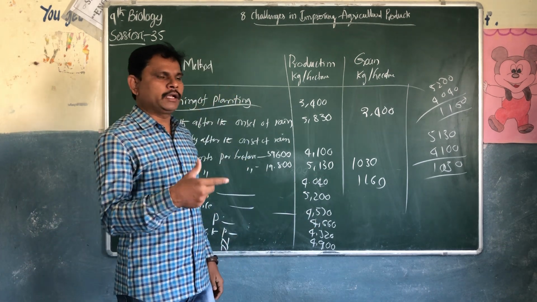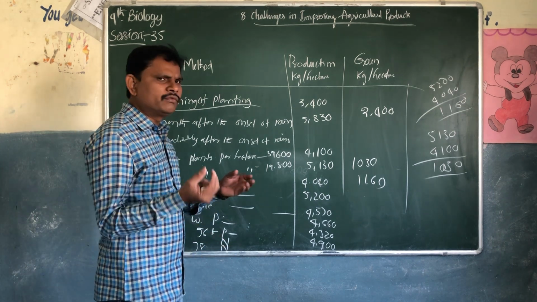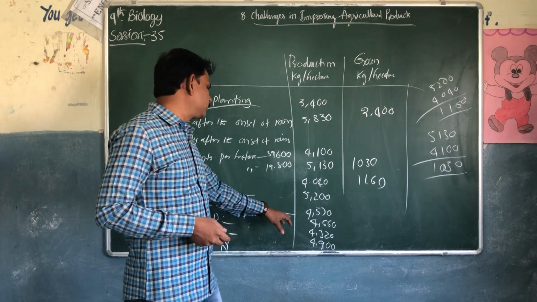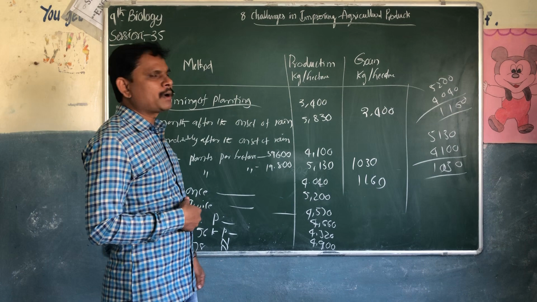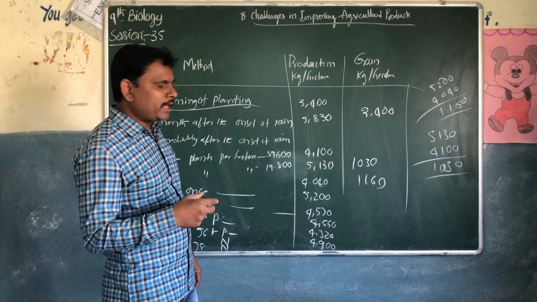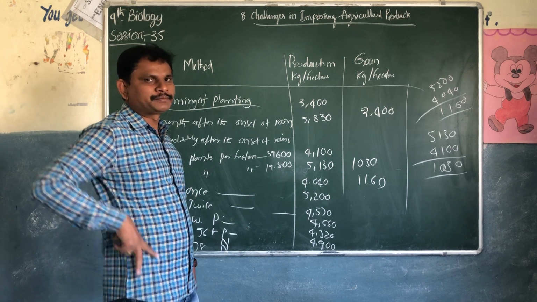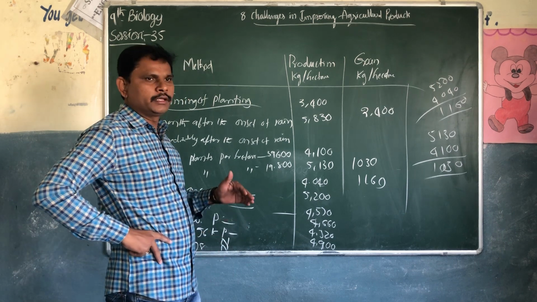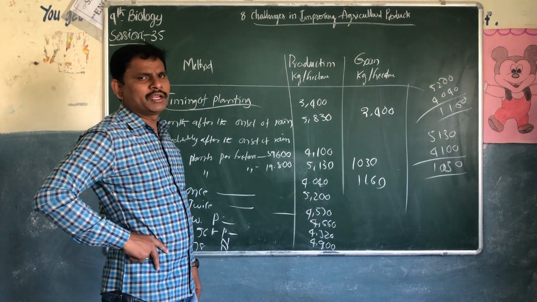Even though you spent 56 kg of phosphorus, you got very little production compared to the one who did not apply phosphorus. To buy 56 kg of phosphorus, how much money do we require? He spent plenty of money, yet production is very little.